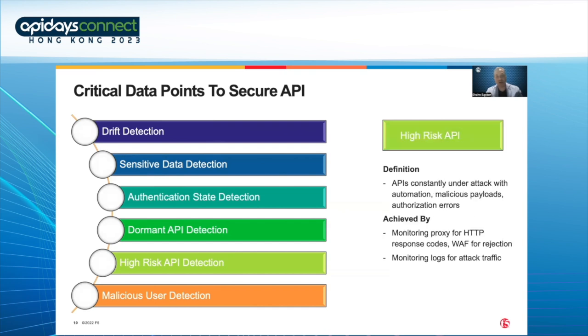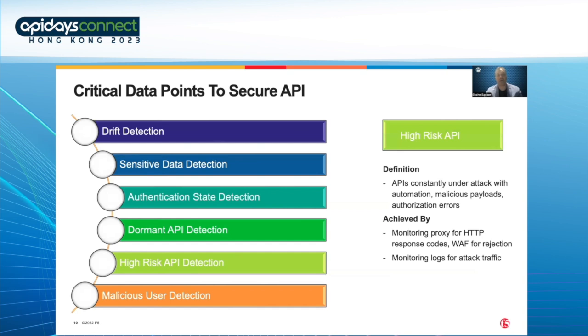Next on our list is high-risk API detection. Every organization will have APIs. Some organizations will have APIs more than others. But in this ecosystem of APIs within an organization, not all APIs will receive an equal number of attacks.